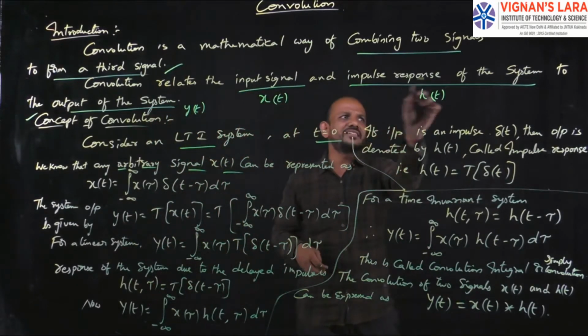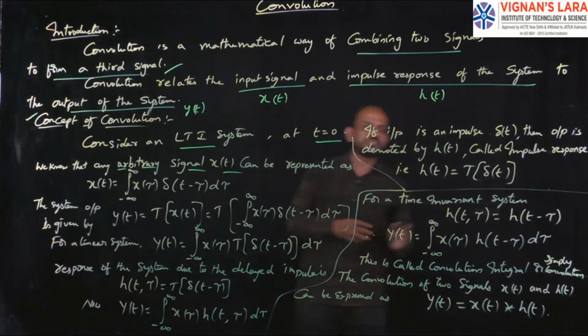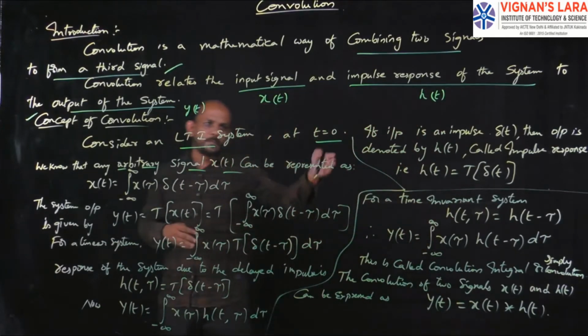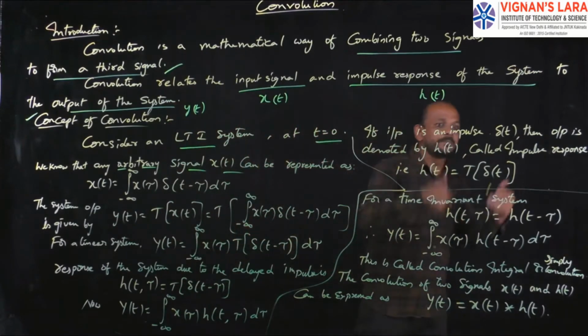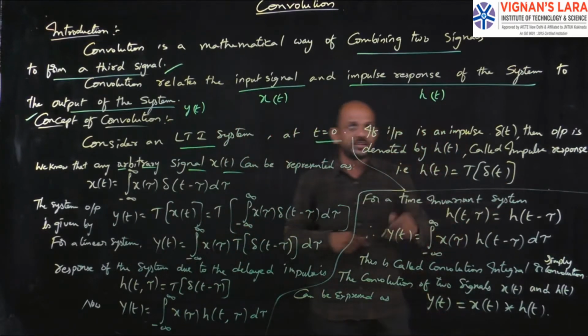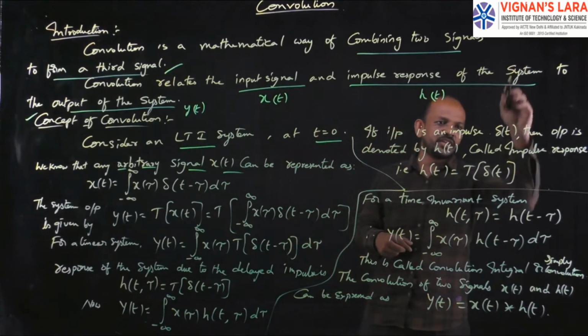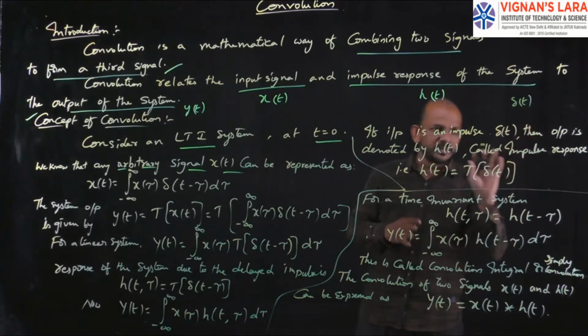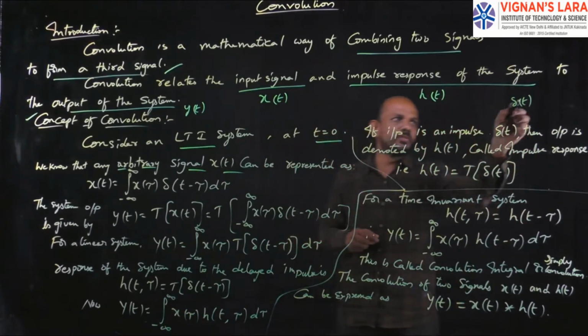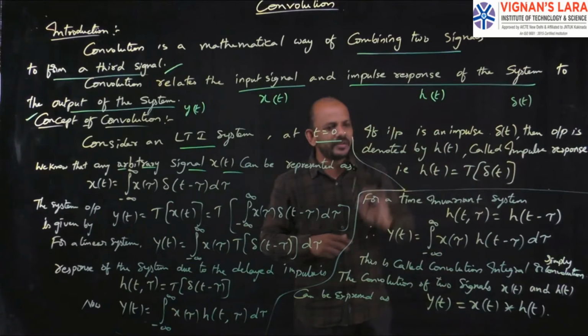The impulse response of the system is the output of the system for a unit impulse as input. That means if we give a unit impulse as input, the output produced by the system is the impulse response.